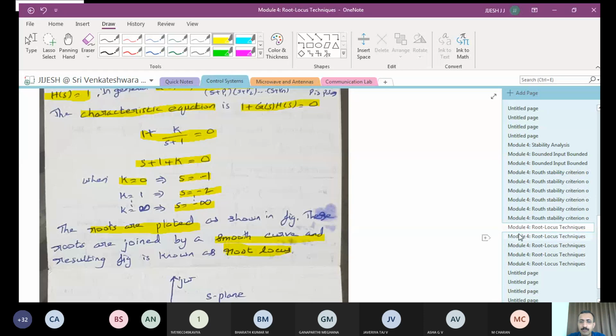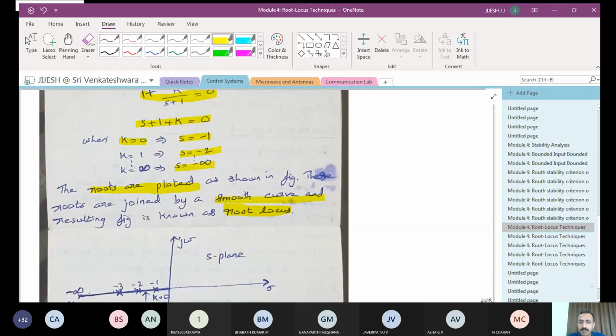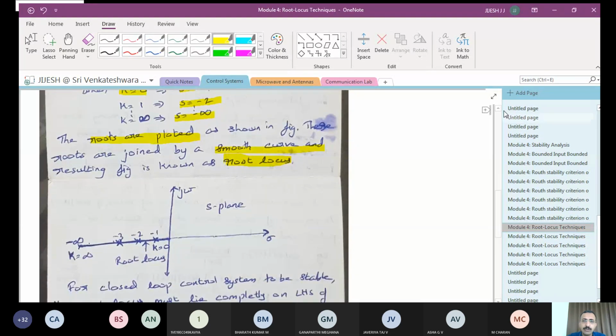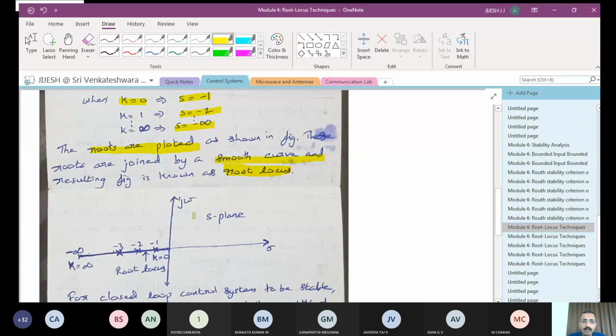So I am going to show how it can be plotted on the S-plane. You have to draw the j omega axis. This is the j omega axis and this is sigma, and for k value as 0, you got s is equal to -1. So for k equal to 0, this is -1. A pole will be represented as -1 here.